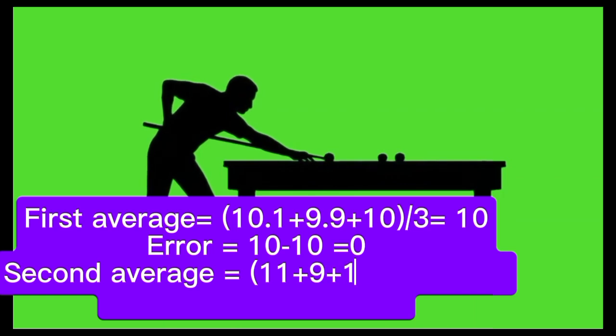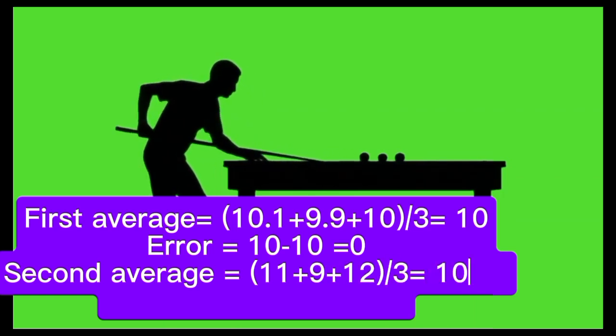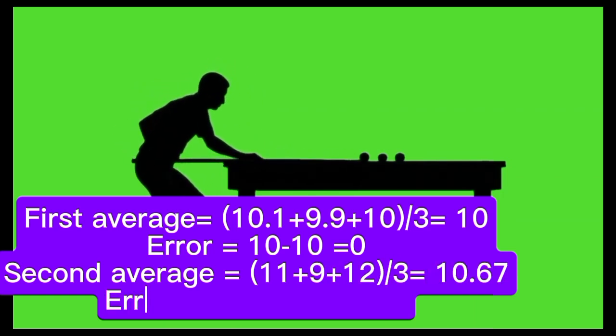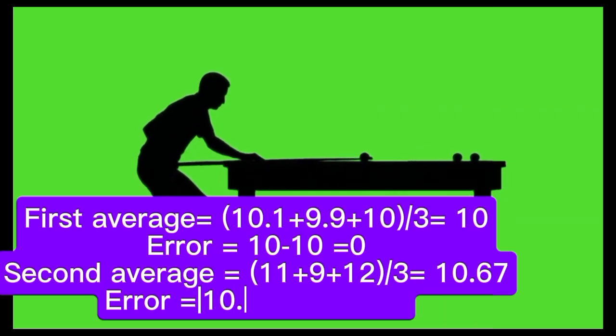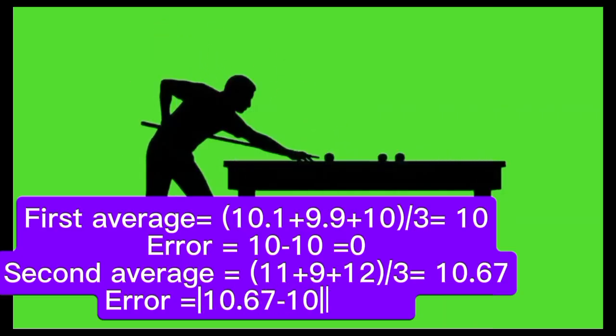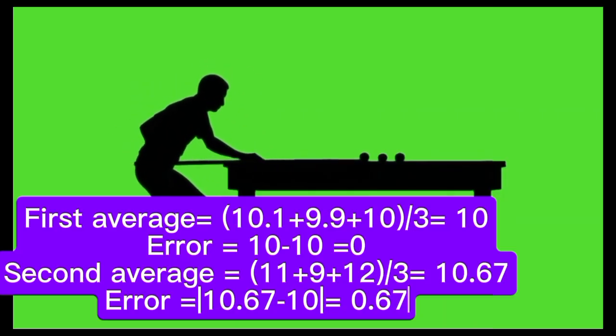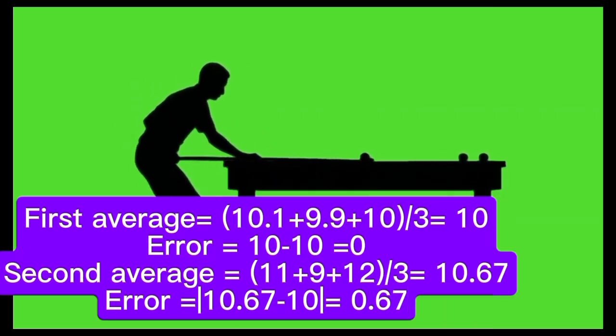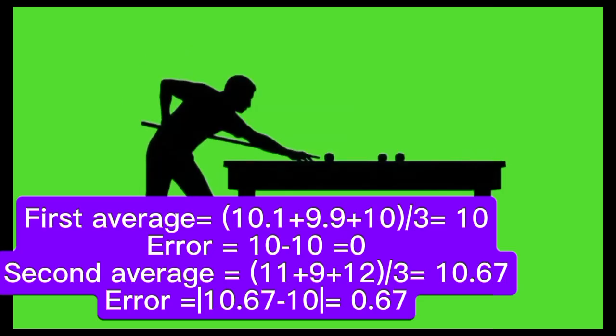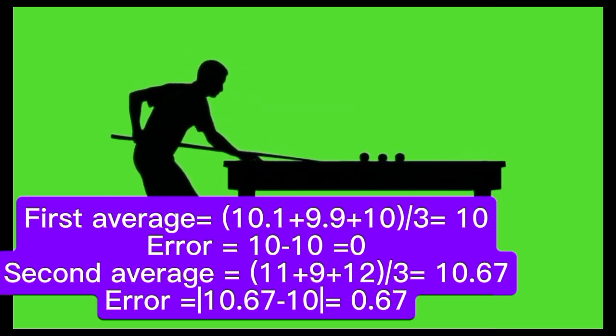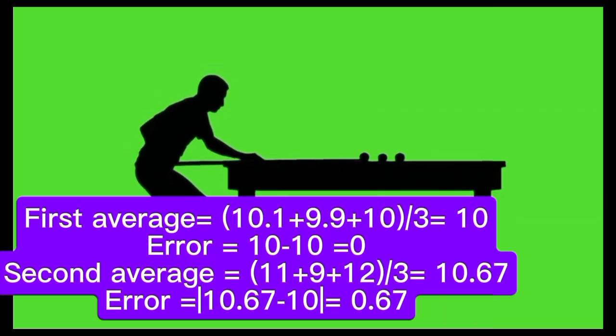The second set is 11.0 plus 9.0 plus 12.0 divided by 3, to get the average result. The average result is equal to 10.67. Then calculate the error. Error is equal to the true value, 10, minus the average value, 10.67, taking the absolute value.